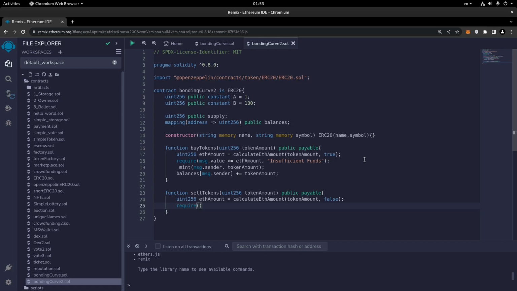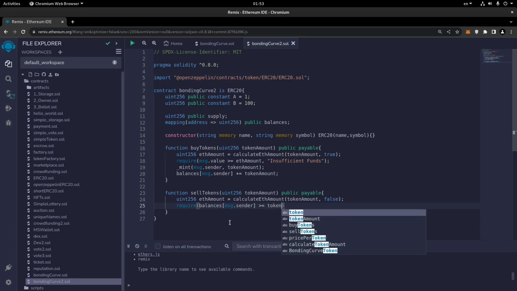So require that the balances of the msg.sender, and as you can remember, in buying this one was msg.value. Here it is the balances, because we're selling the tokens, so the number of tokens should be correct. So balances of the msg.sender greater than or equal to the token amount, otherwise insufficient balances.